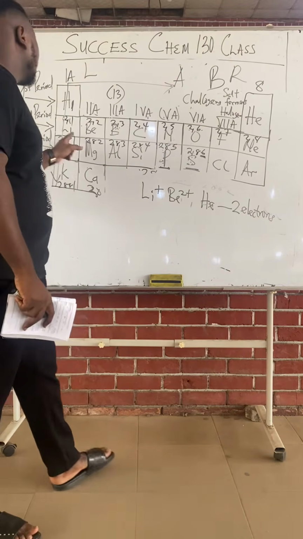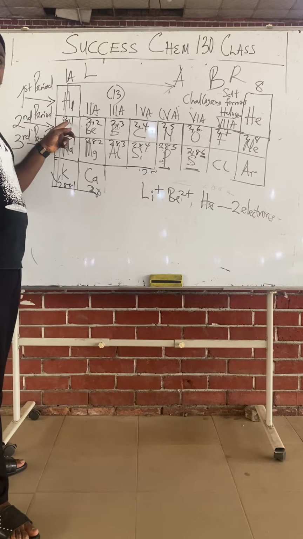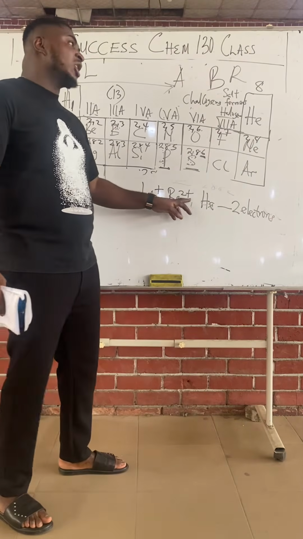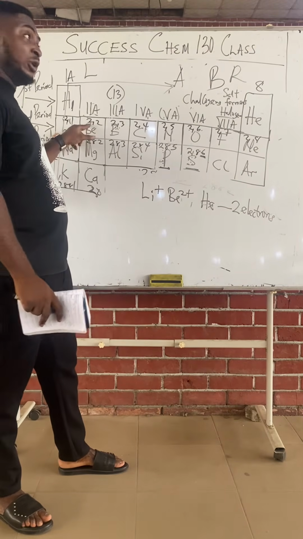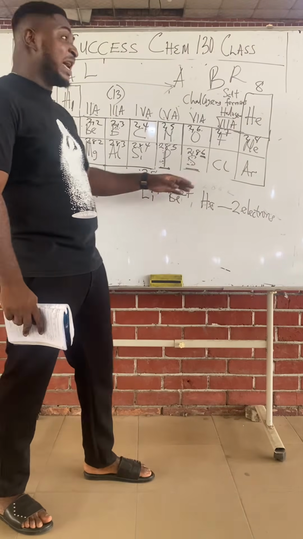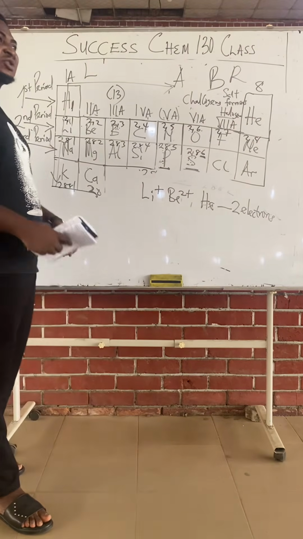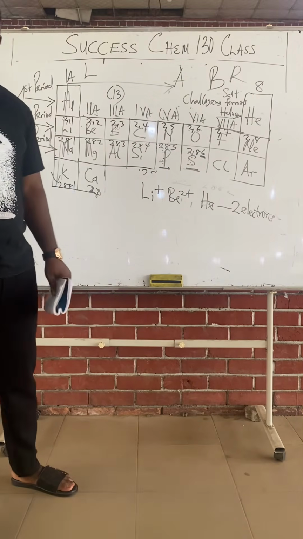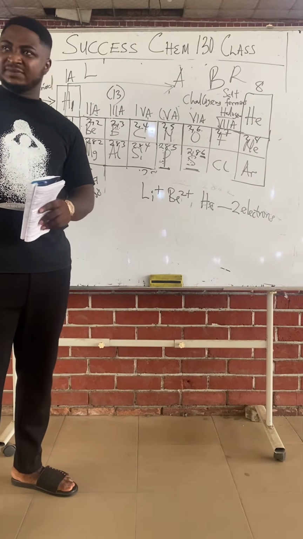Lithium plus means that lithium has lost 1 electron to have only 2 electrons. Beryllium 2 plus means that beryllium has lost 2 electrons to have only 2. And of course, we already know that helium just has 2 electrons. So isoelectronic species are species with the same number of electrons.